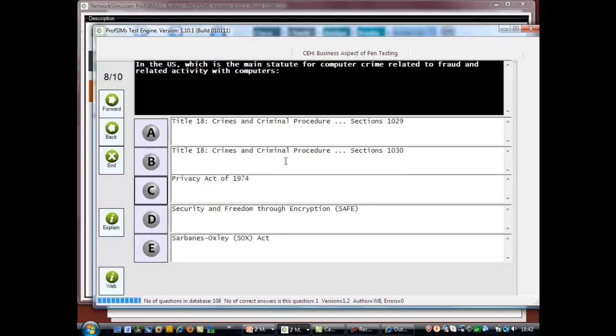In the US, which is the main statute for computer crime related to fraud and related activities? So for fraud and related activities, we actually have crimes and criminal procedures 1029 and 1030. So let's take a guess at that one.